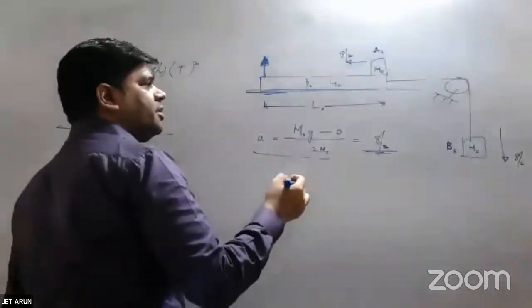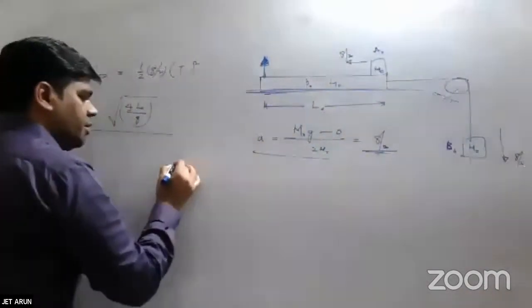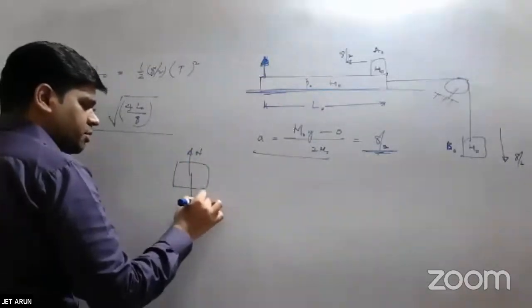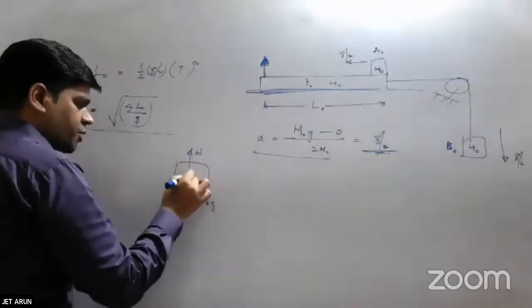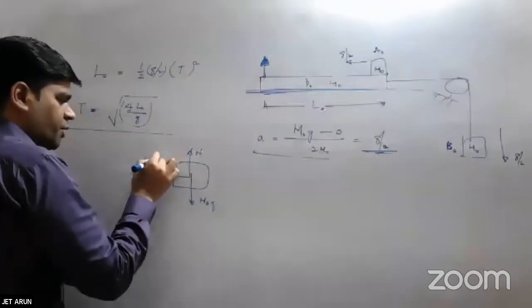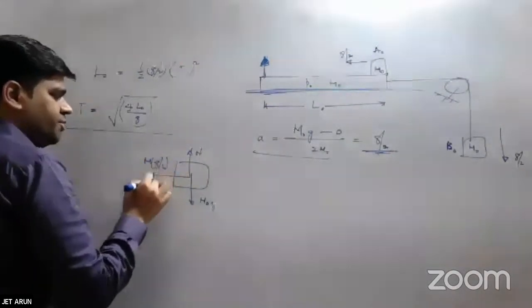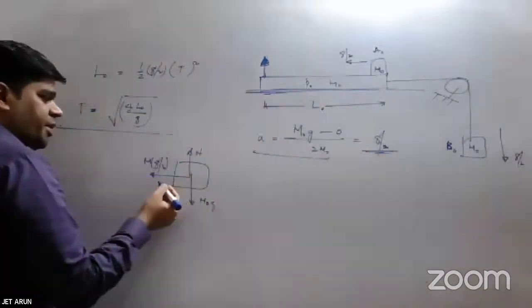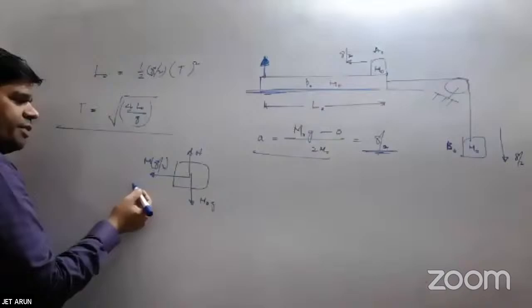Or I can also say the FBD with respect to this plank would be normal reaction upwards, M naught g downwards, and a pseudo force leftward. What is pseudo force? Mass into the acceleration of the reference frame. My reference frame is going towards the right with g/2, so my pseudo force will be m into g/2 towards left.